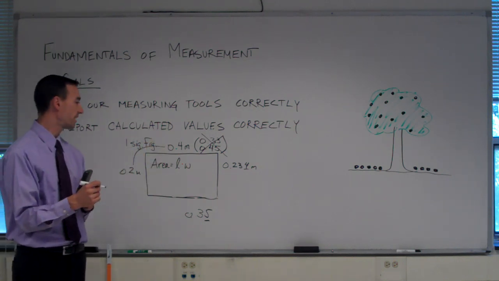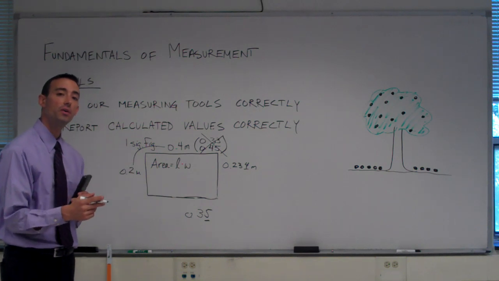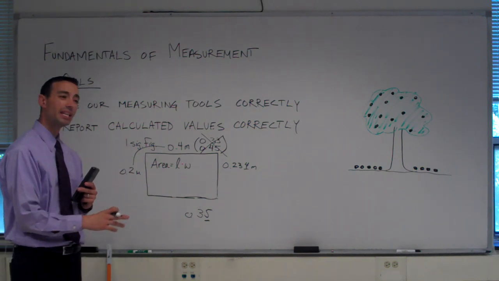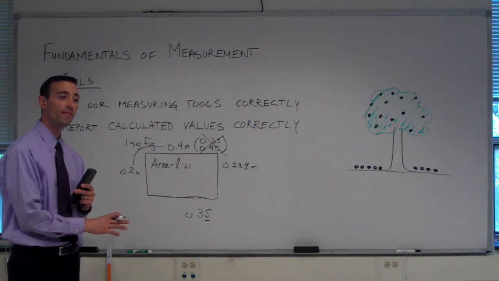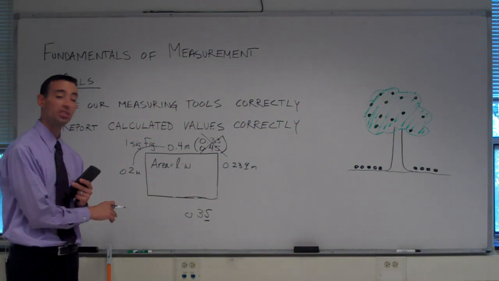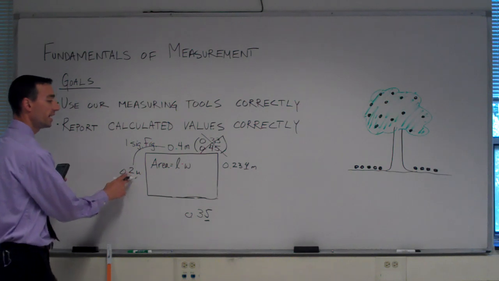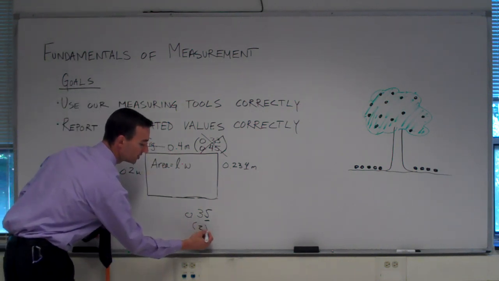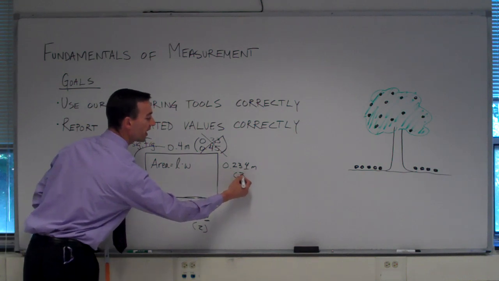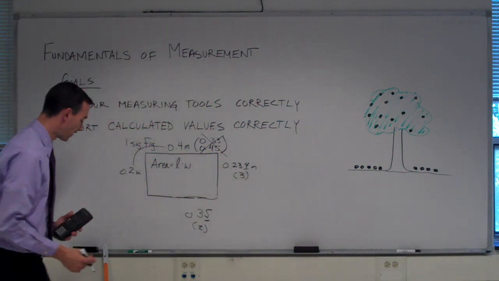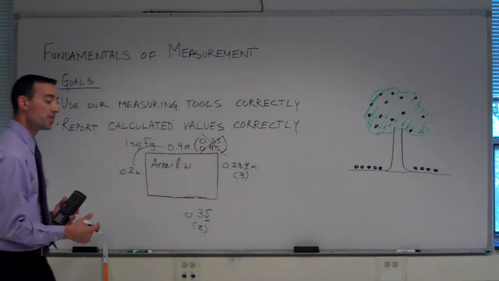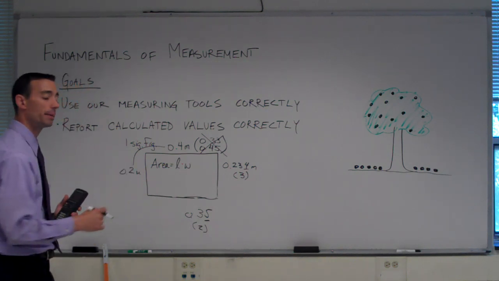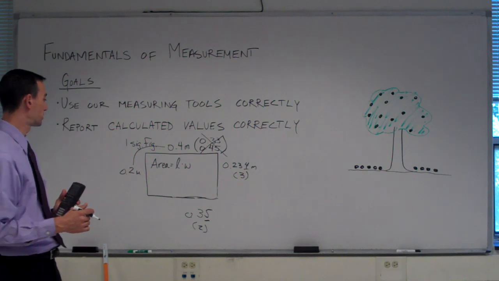The sig figs are the values that we know for certain in a measurement, plus any reported values that are the guess, the uncertainty. So each of these had 1. This value has 2 sig figs, and this value has 3 sig figs. This becomes a bit of a sticky problem when we now go to combine our numbers.